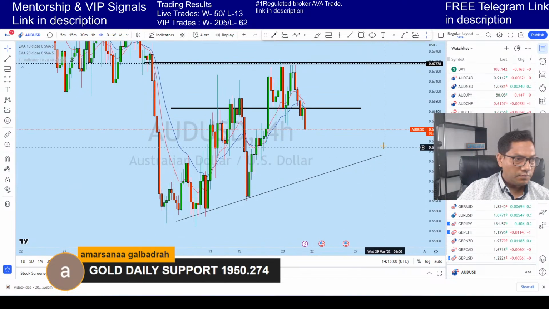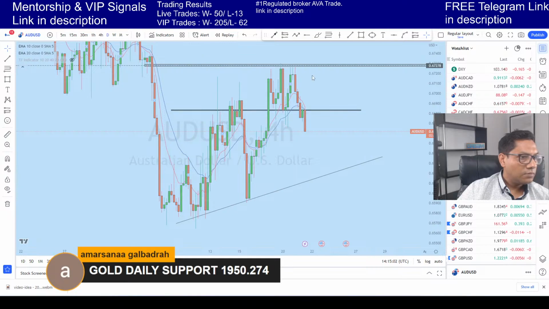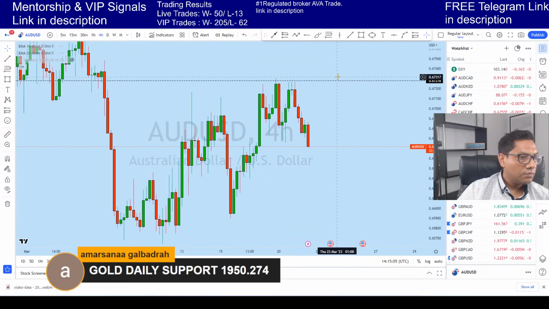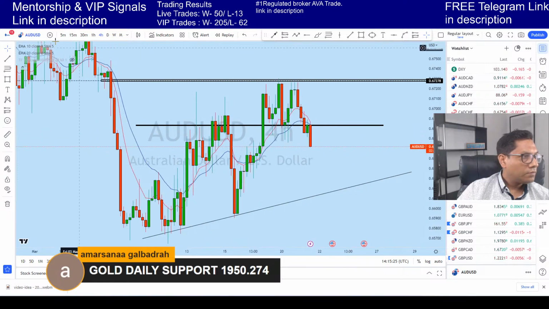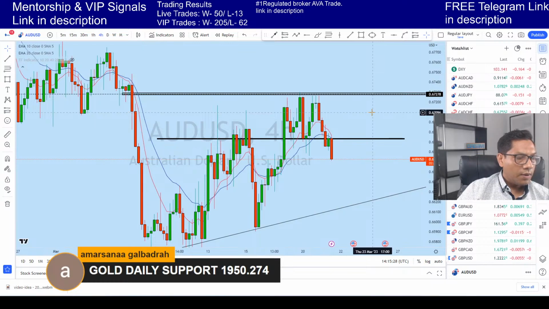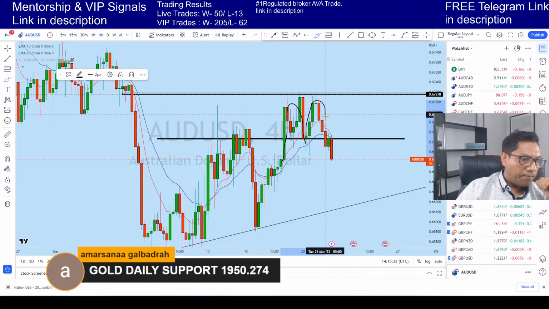Okay, so head and shoulder formation, breakdown test with this narrow doji.